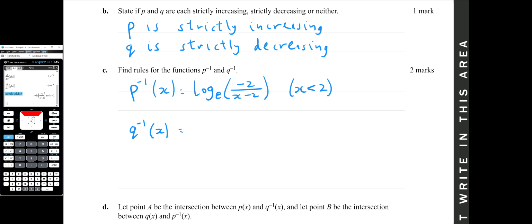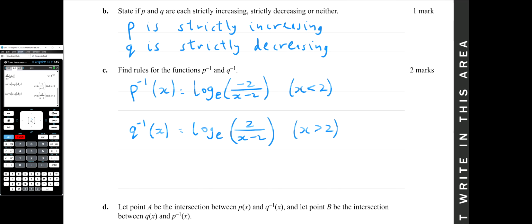So remove p and then put q, enter, and then we get something similar. So this time it's log e of 2 over x minus 2. And this time the domain is x is greater than 2. There we go. So those are the inverses, respectively, of function p and function q.